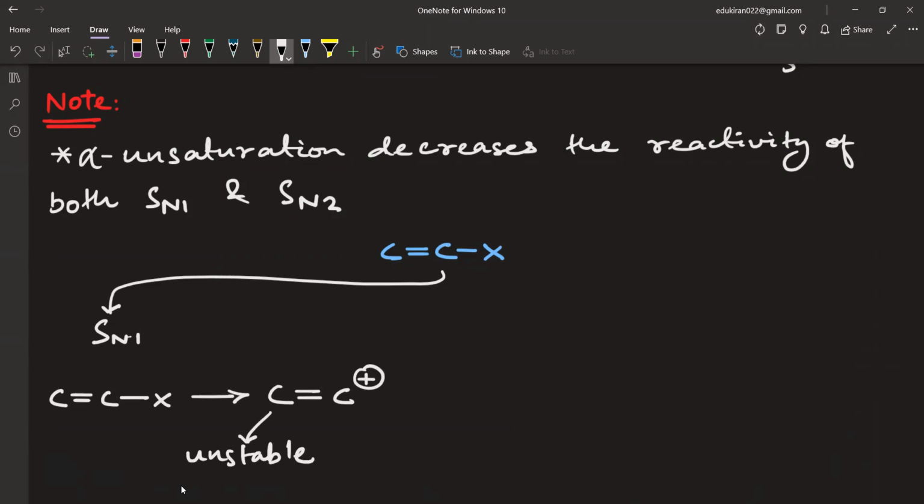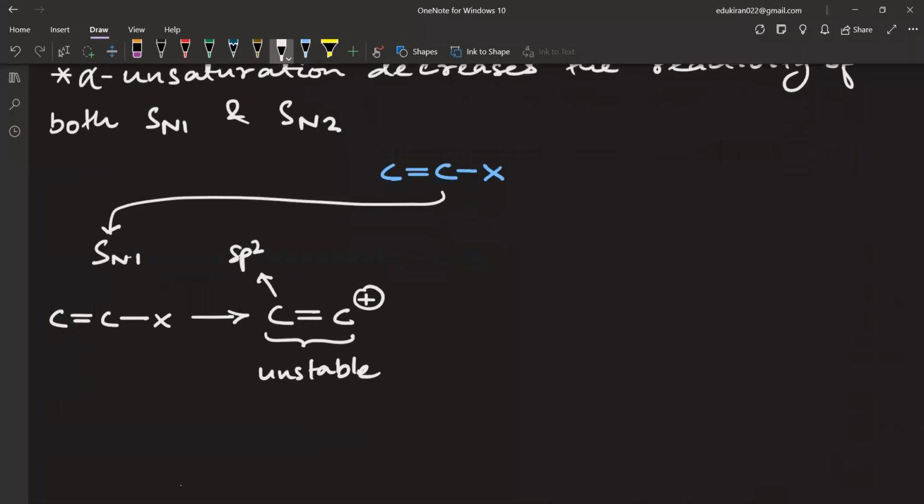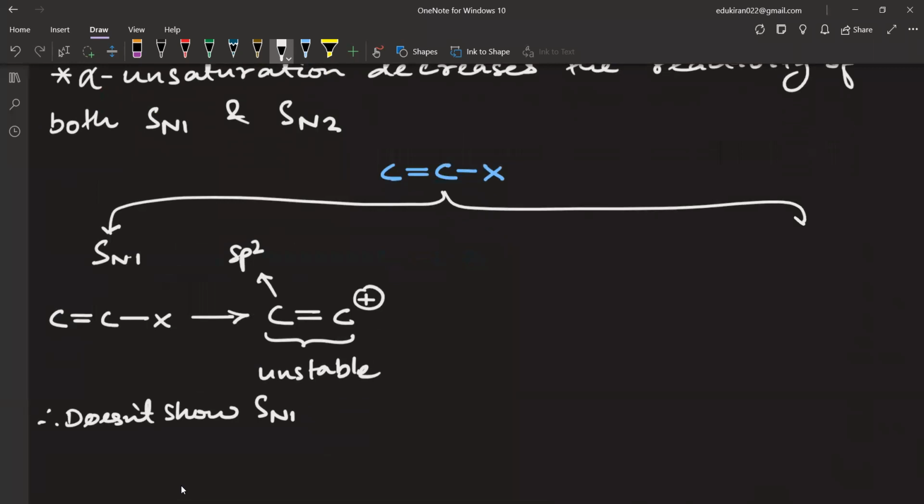Because this carbon atom is attached to this carbon, which is sp2, and sp2 has higher electronegativity. So this sp2 will be increasing the positive charge here. So this particular carbocation is unstable, and since this is unstable, it will not show Sn1.